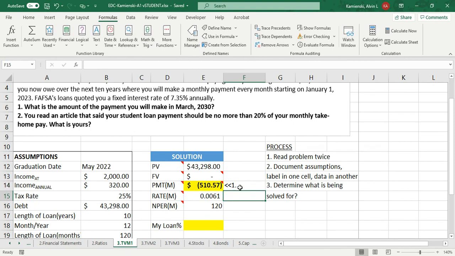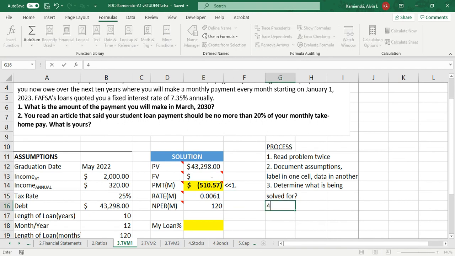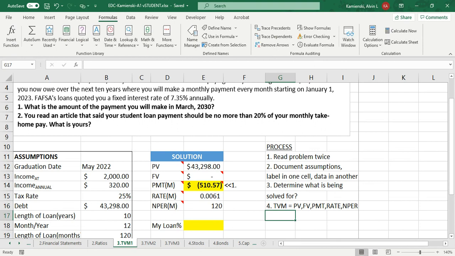Okay, what about the second part? Before we finish the second part, let me finish the process. Determine what is being solved for. Next step. When you're doing time value of money problems, you're going to use any of those 5 formulas I showed. When we do other types of problems, there will be other appropriate formulas that we can easily look up and use, from our favorite sites like Investopedia or Corporate Finance Institute.